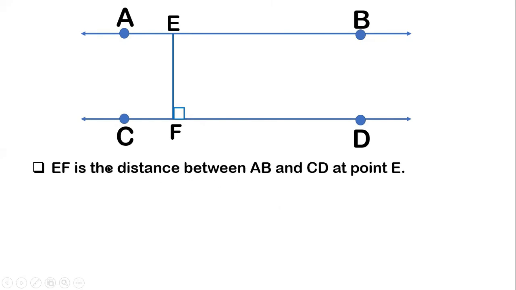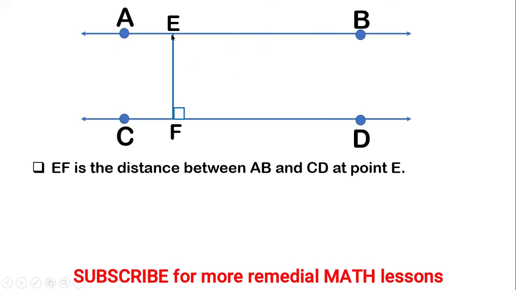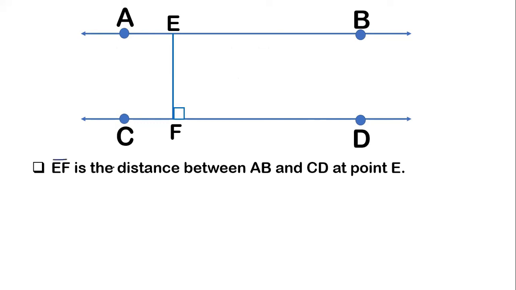So it shows the distance between line AB and line CD at E. The line segment EF is the distance between line AB and CD at point E. So the line segment EF shows the distance between these two lines, AB and CD.